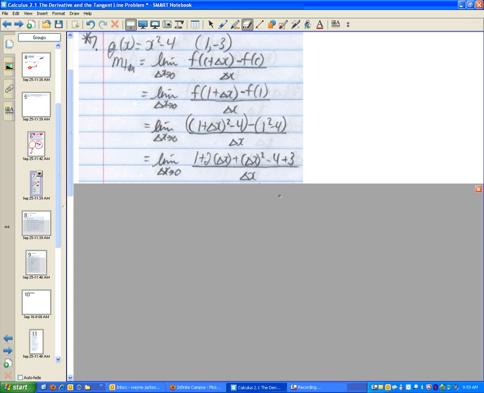Then again, when you square a binomial, you'll get the first term squared plus 2 times the first term times the second term plus the second term squared. Don't forget to copy down that minus 4. And then look, I saved us a whole step because in that parentheses, 1 squared minus 4, that's a negative 3. And then I distributed that negative, make it a positive 3.